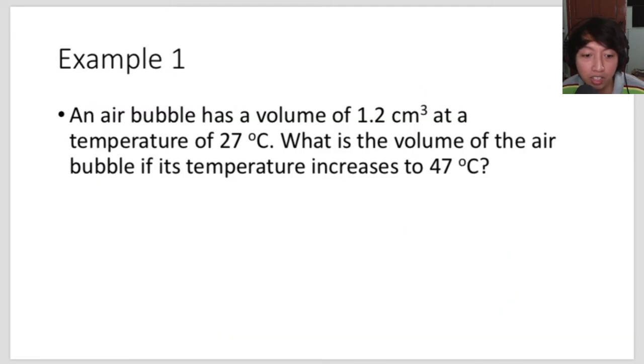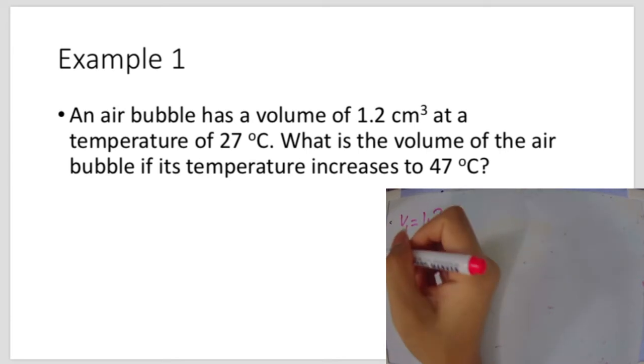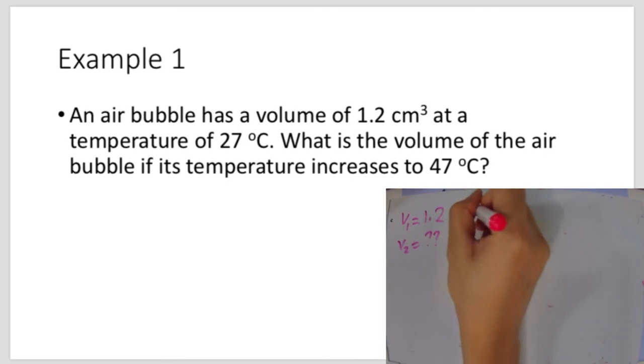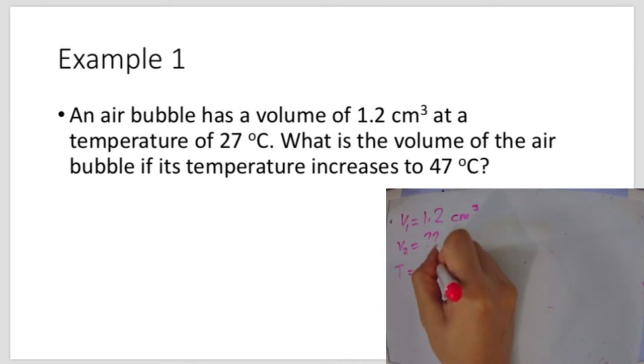All right, so let's take a look at our information. Volume in the beginning is 1.2. Volume in the end is not stated; that's what we need to calculate. I should write down the unit as well. Now temperature. Temperature in the beginning is 27 degrees Celsius.